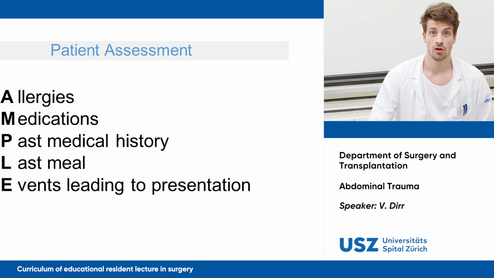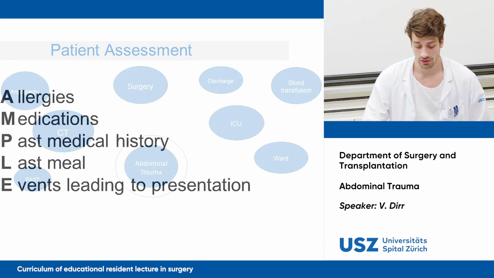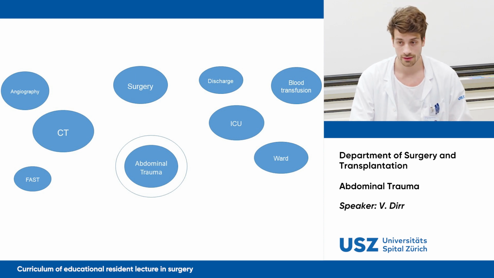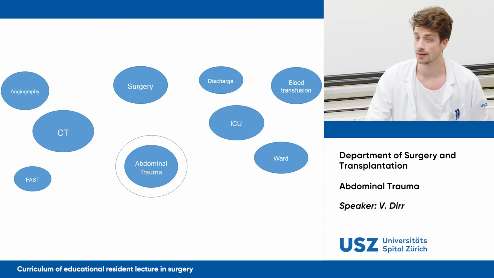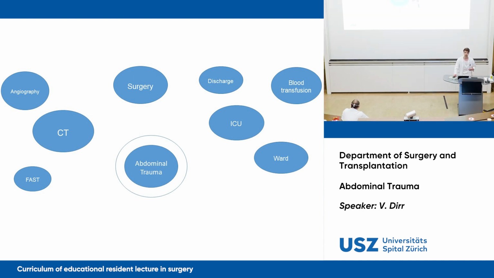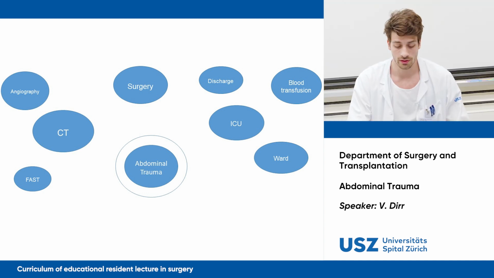When we talk about trauma, time is of the essence. So we know today that the first hour is referred to as the golden hour, and the mortality increases significantly. So we have to be sharp and decisive about our management in the first hour. And it's really hard to make the correct next decision. So what are we going to do? Are we going to do something like a CT scan, angiography, a FAST scan, maybe send the patient to the ICU, ward him, or maybe even discharge him?